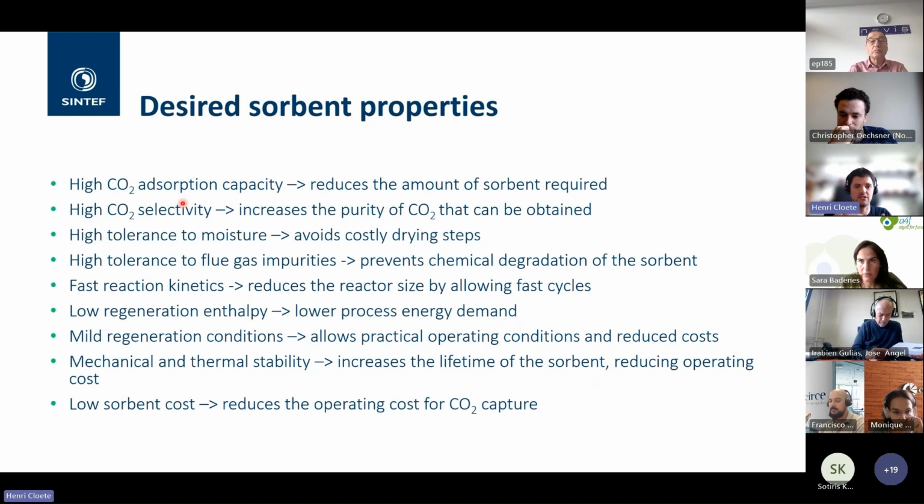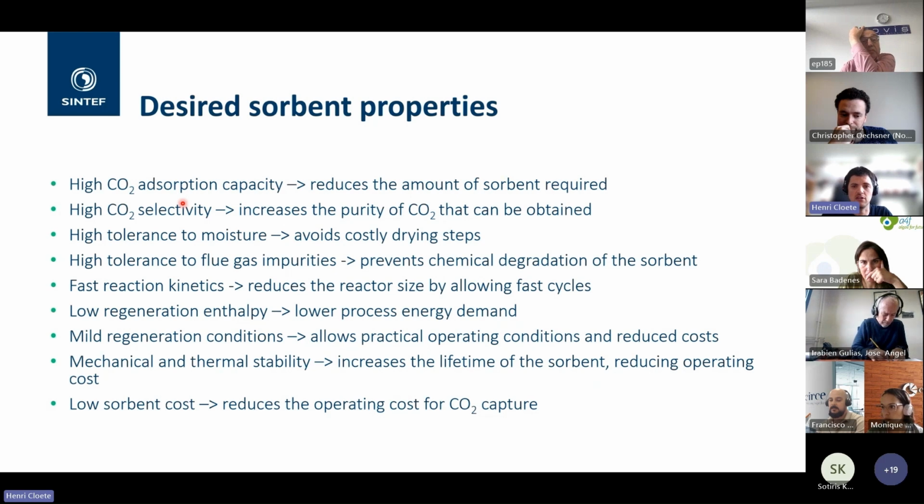If all of your surface sites are occupied by water molecules, you can't adsorb CO2 as well. To avoid that, you have to do drying of your flue gas before your capturing process, which adds some additional cost.